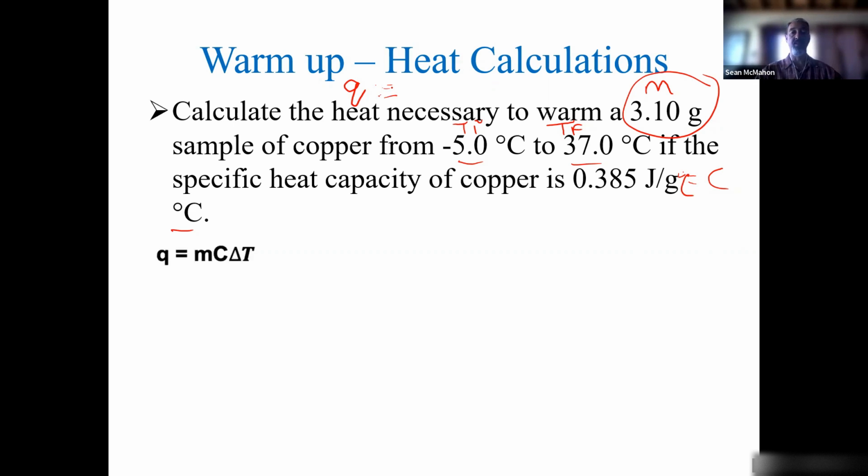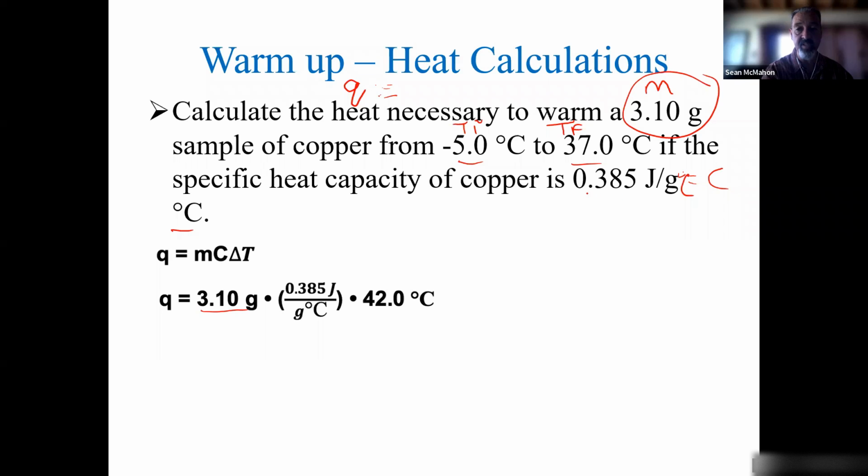So Q equals mCΔT. I'm solving for heat, so I plug everything in. For the mass, I got the 3.10 grams. For the specific heat, I got the 0.385 joules per gram degree Celsius because I either looked that up or it was provided.